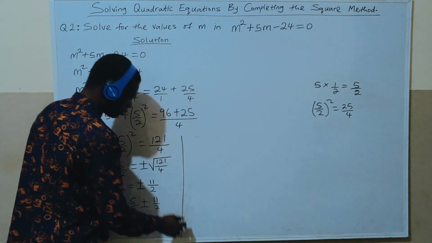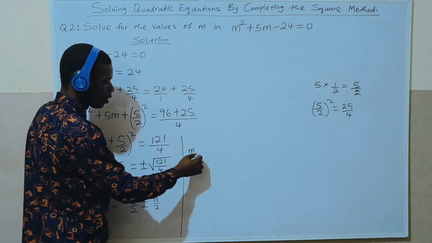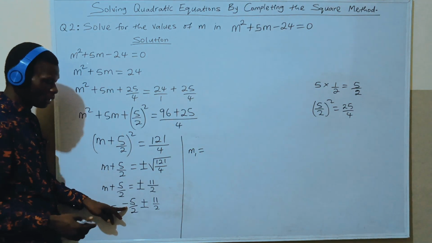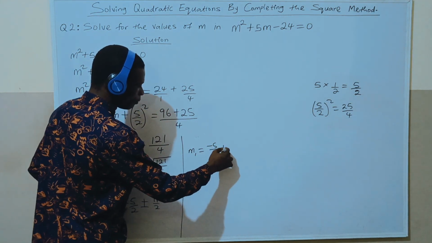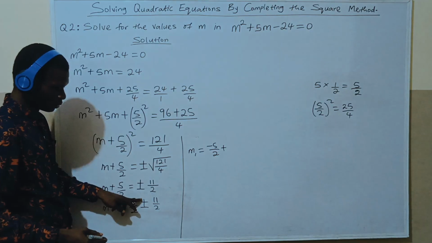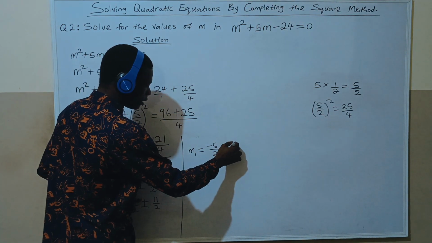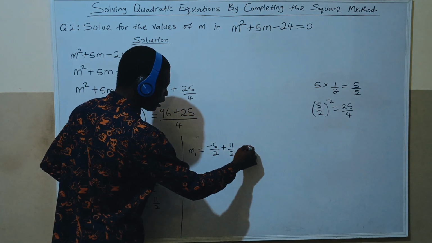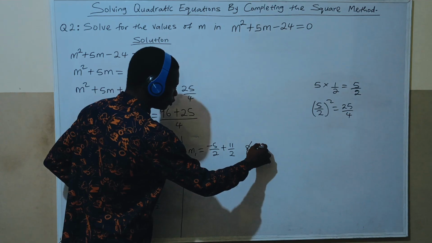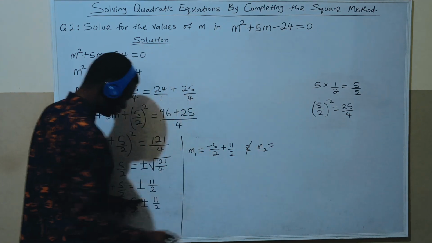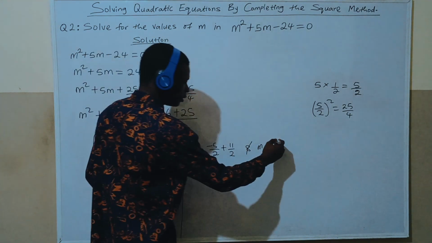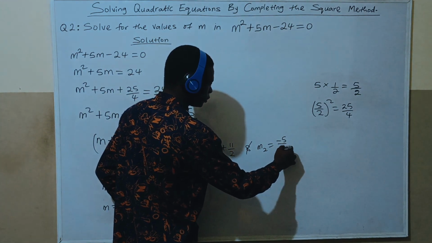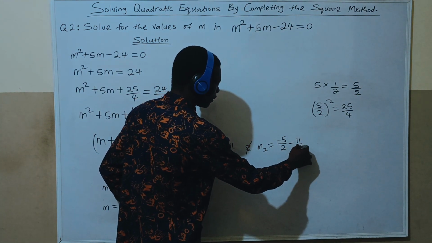And so what are we going to be having? M1. M1 will now be minus 5 over 2 plus 11 over 2, the plus first of all, 11 over 2. And M2 will be equal to still minus 5 over 2, this time around minus 11 over 2.